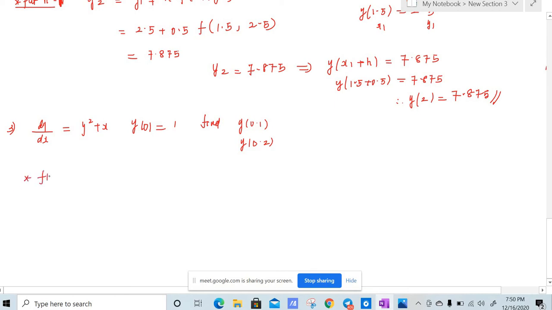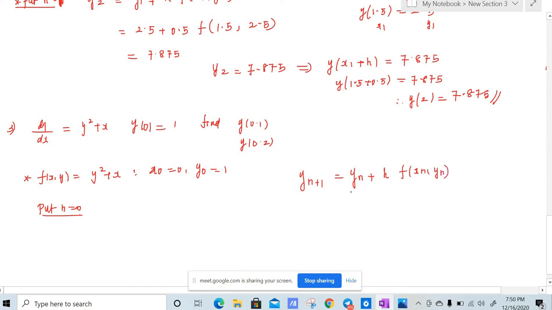So what is our f of x comma y? It is y square plus x, and our x0 is 0 and our y0 is 1. So put n is equal to 0. So what is the formula? The formula is yn plus 1 is equal to yn plus h into f of xn comma yn.